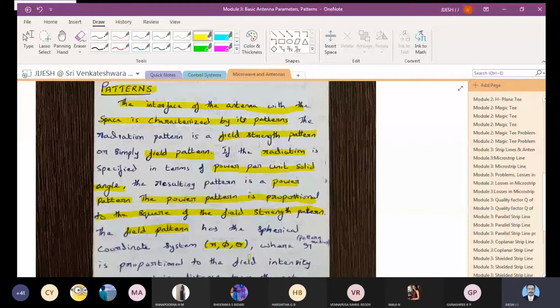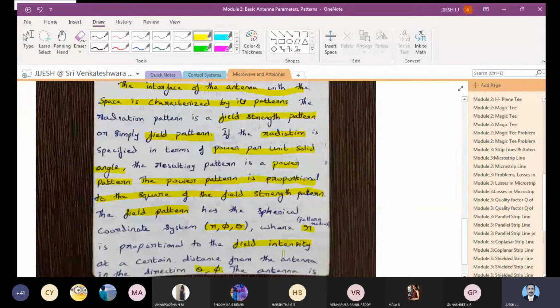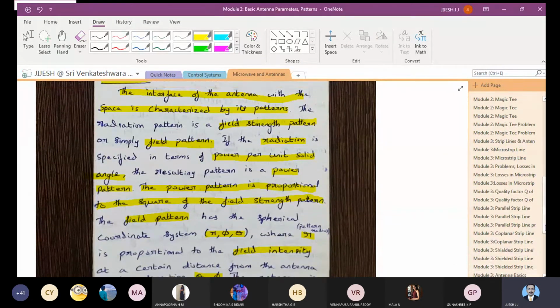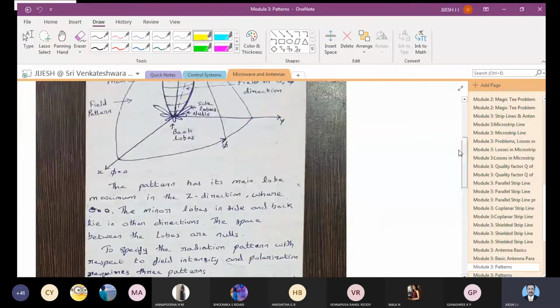When we go to the figure, it will be clear, where R is the pattern radius, proportional to the field intensity at a certain distance from the antenna and in the direction of theta and phi. I will show you in the next slide how the antenna field pattern is represented. We'll get back to that again. So this is how the pattern will look.